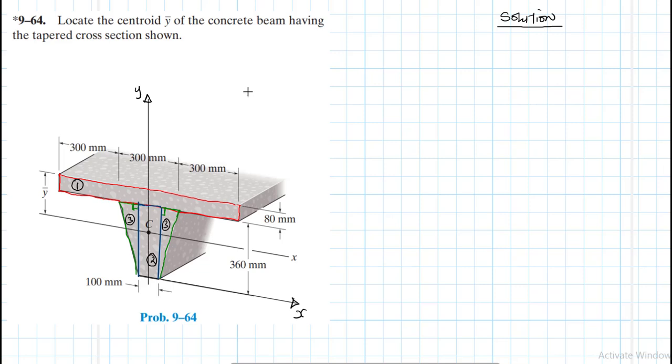Great. So what do we need to do? We need to calculate the total area for everything and their local centroids. So let's start with area. Let's say area 1. What's the area for this one?